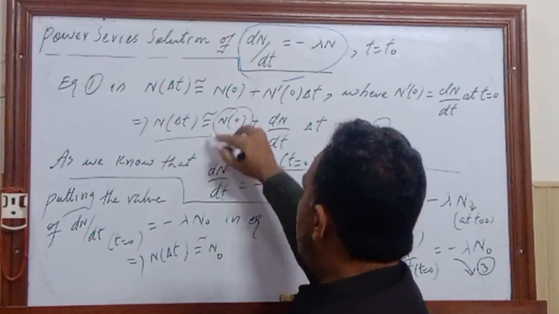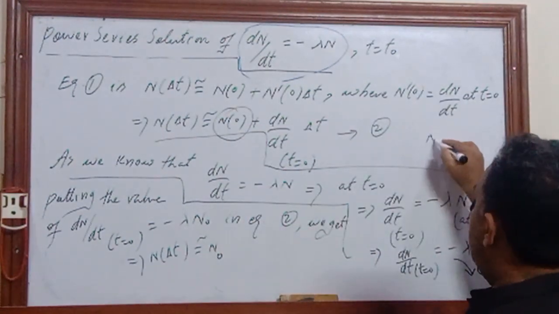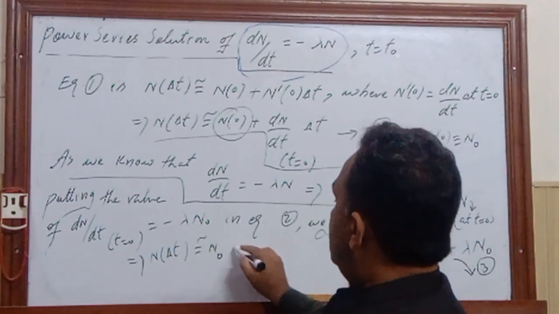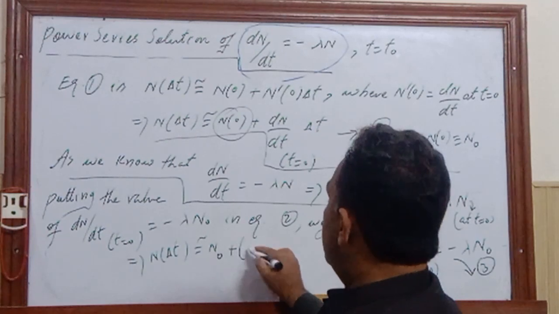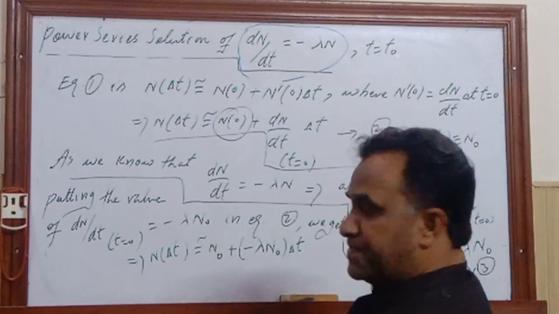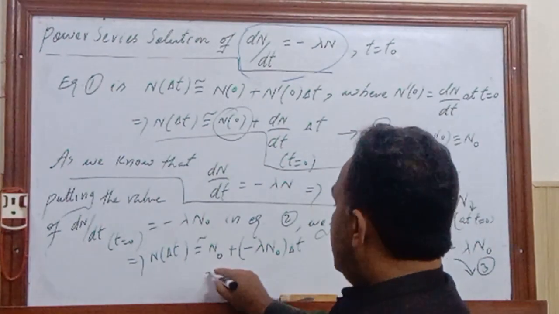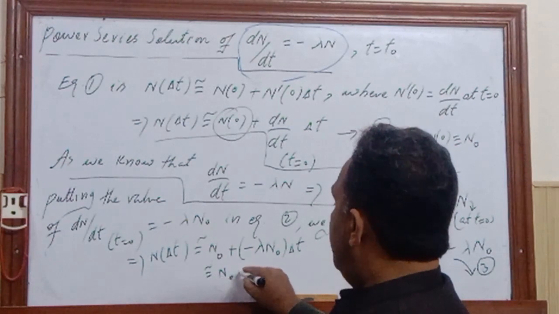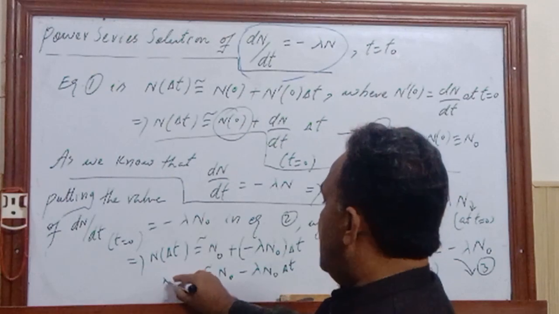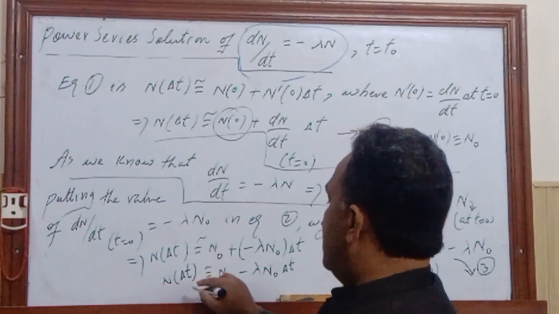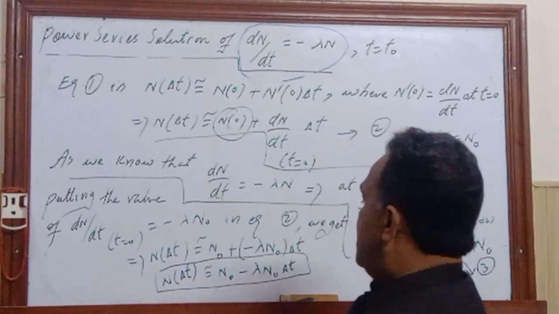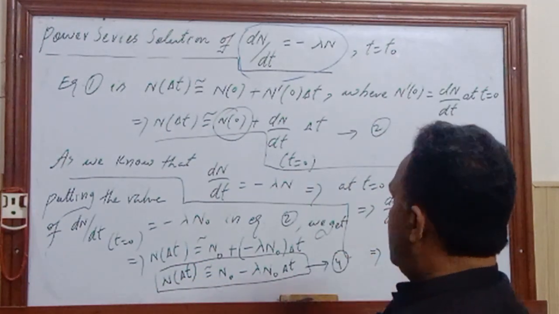Here n of 0 is the same as n naught, plus we can put its value, minus lambda n naught times delta t. Okay, so we can further rectify this equation to be n naught minus lambda n naught delta t. So this n of delta t is approximately equal to this one. Let's say this is equation number 4.